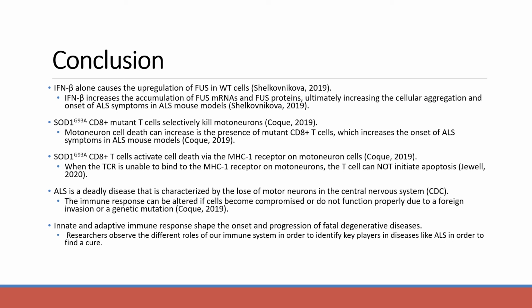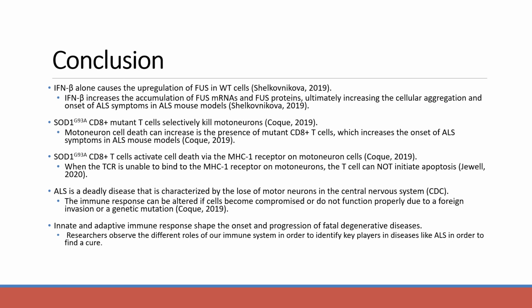As Dr. Jewell always said, if cells are unable to bind or attach, then they cannot be activated or initiate activation. So when the T cell receptor is unable to bind to the MHC1 receptor on motor neurons, the T cell is not able to initiate apoptosis in that cell.